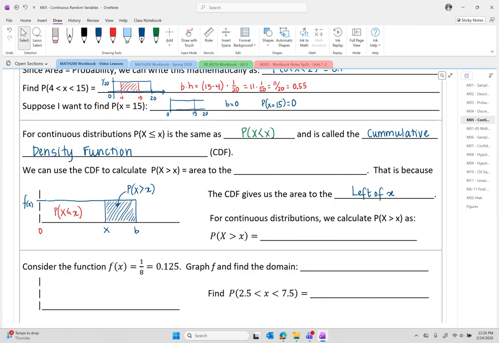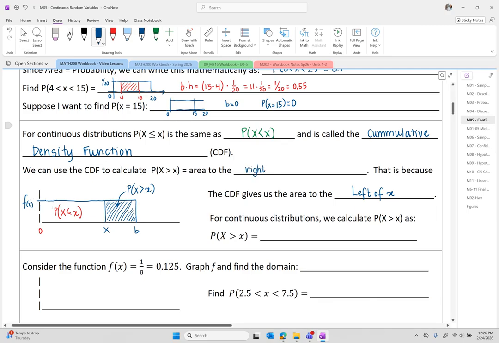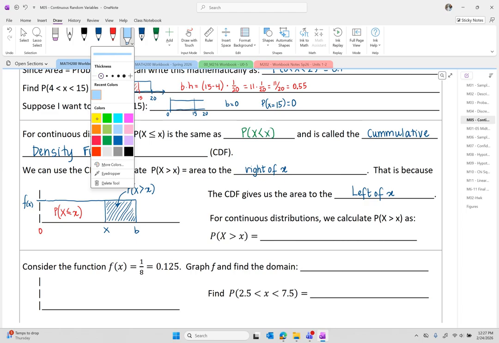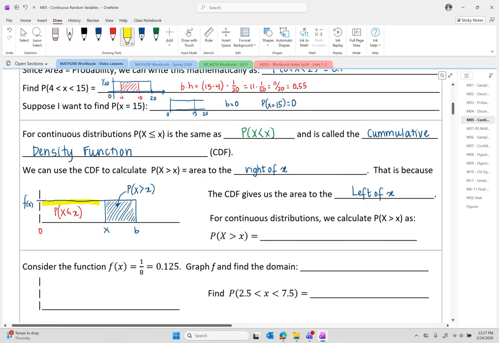We can use the CDF to calculate the probability that the value of x is greater than little x, because it will be the area to the right of the value little x. You can use the CDF because the CDF will give you the area to the left, and the area to the left is this area from whatever is the lowest value of x, assume 0 for now, to the little value of x.